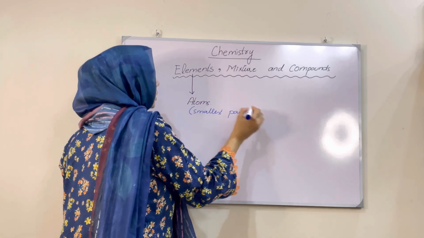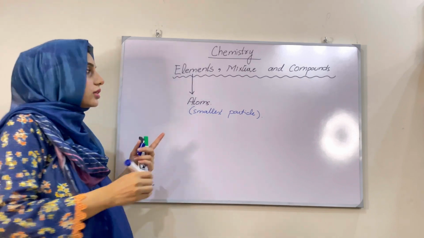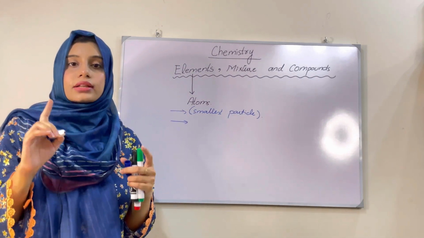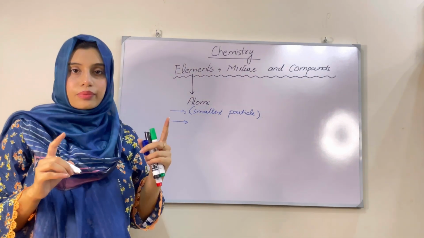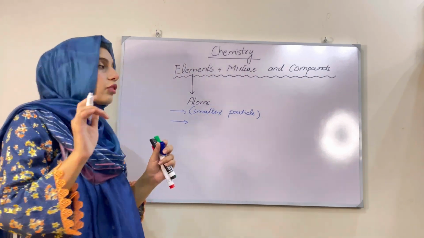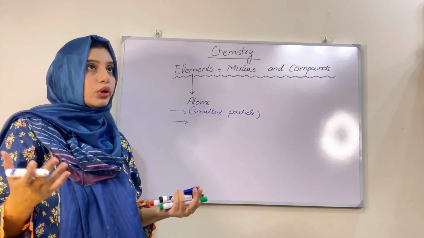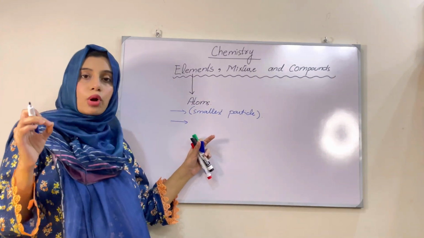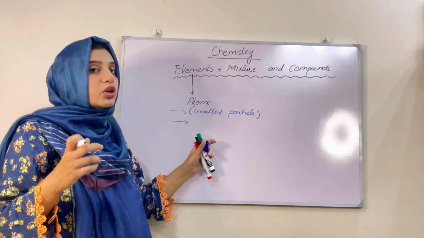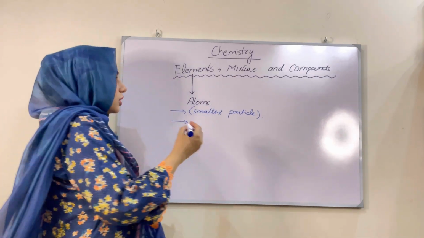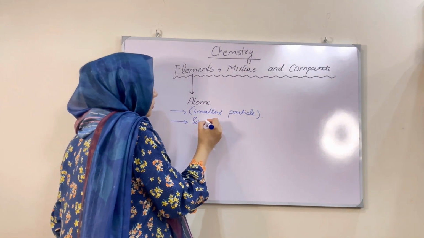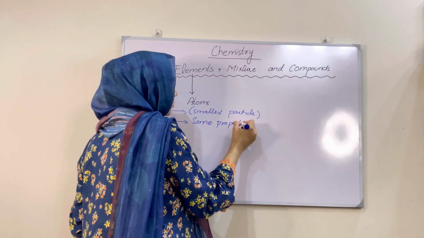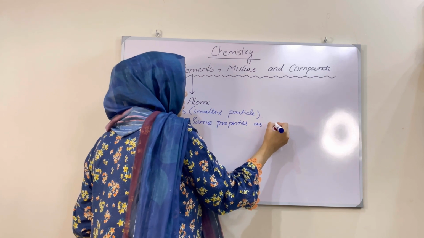You must keep two things in mind. An atom is the smallest particle, and an atom has all the characteristics that any element has. For any element, for example hydrogen, gold, silver, oxygen, the atom will have the same properties and characteristics that are present in the whole element. So the second point is: same properties as the element.